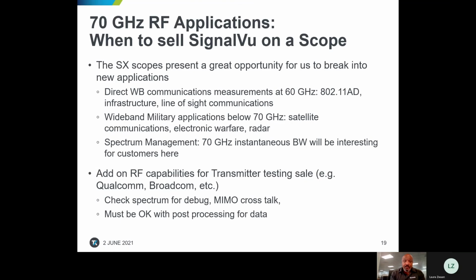Some targeted customers you may want to give some thought to are Qualcomm and Broadcom, primarily using the scope as an instrument to evaluate beamforming alignment between multiple receivers and unique transmitters, as well as overall performance of independence associated with MIMO channels as collected by unique 70K instruments.